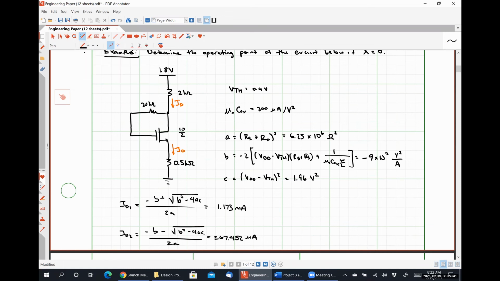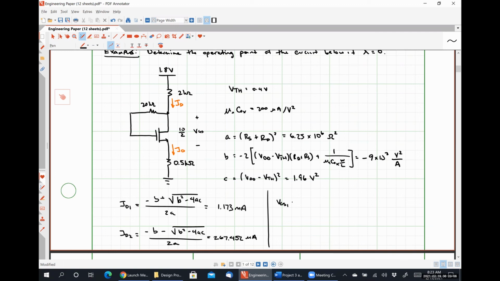The potential difference between here and here is our voltage VGS, which is identical to the voltage VDS because we have a self-biased circuit. So with that in mind, we can determine the value for VGS.